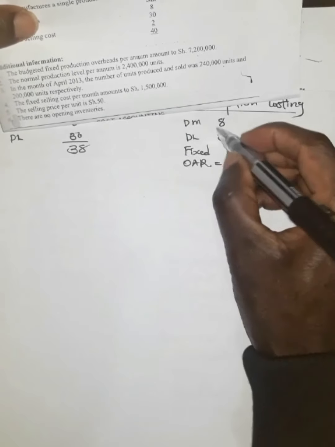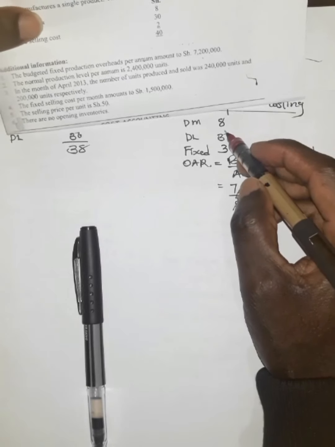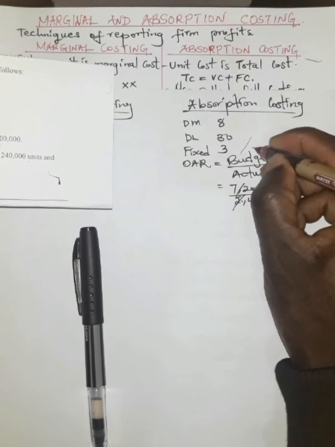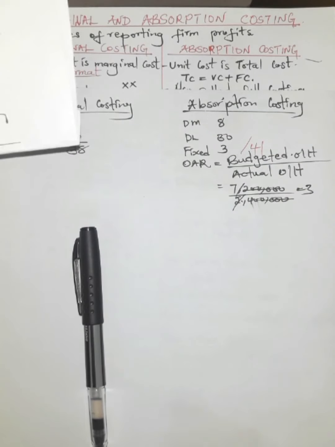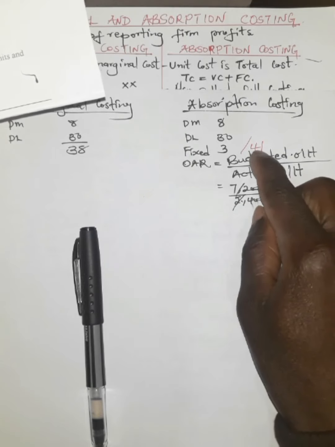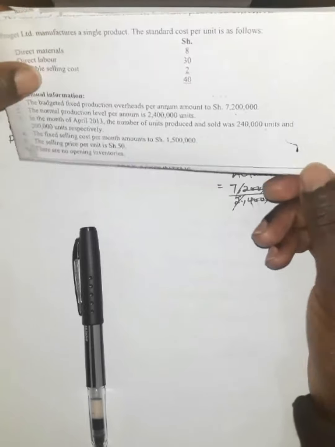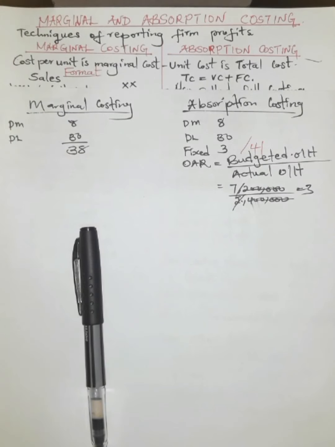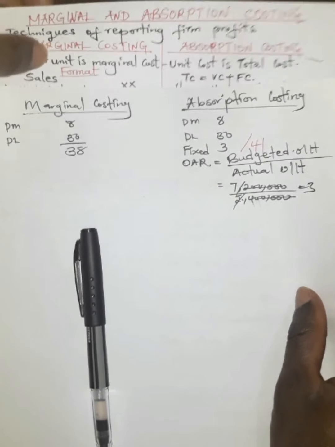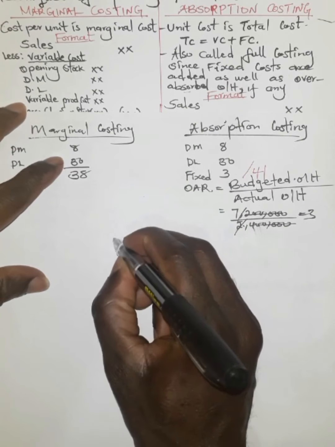So we add that 3 together with the direct material and direct labor to get an amount of 41. So for our absorption costing, we have a unit standard cost amounting to 41 shillings. That is the difference.